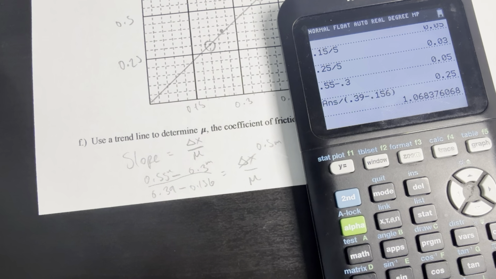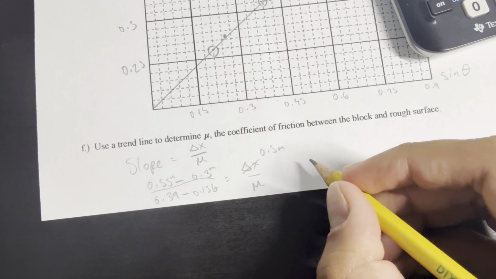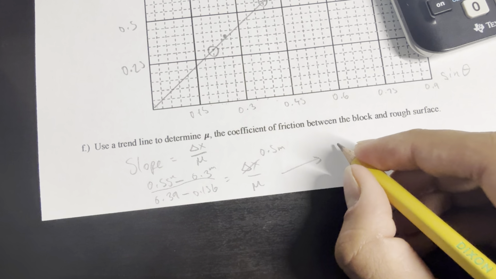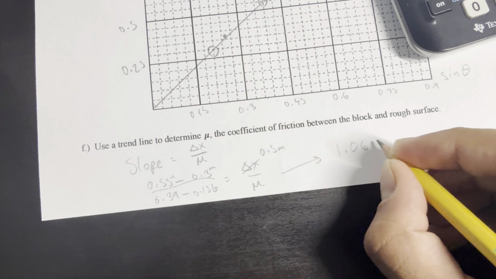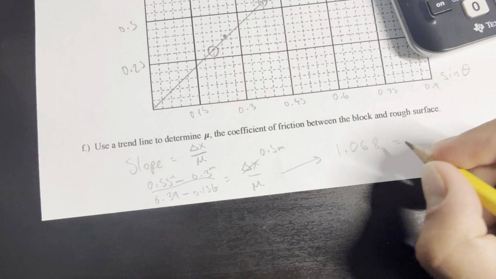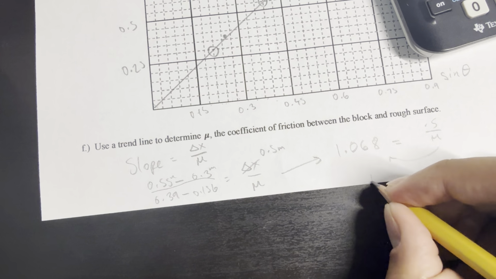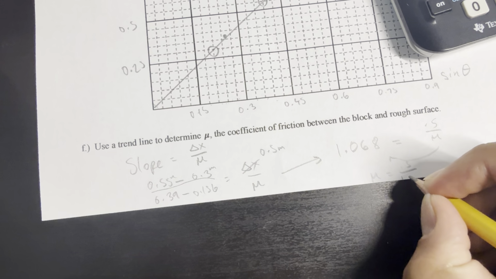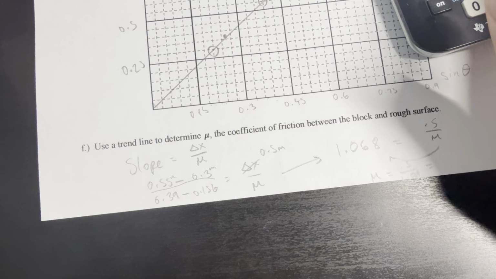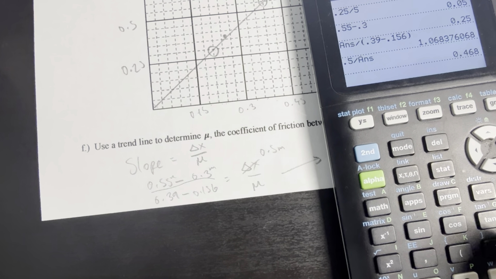So I get 1.06, which based off that, I definitely did it wrong. 1.068 is going to equal 0.5 over mu. I can rearrange, and I get that mu is going to equal 0.5 divided by that answer, so mu is going to be 0.468.